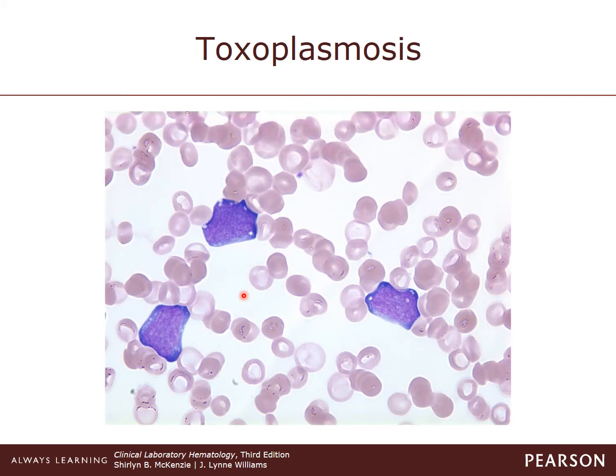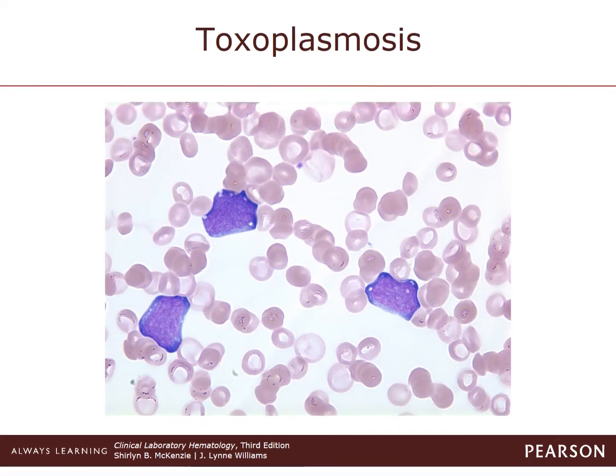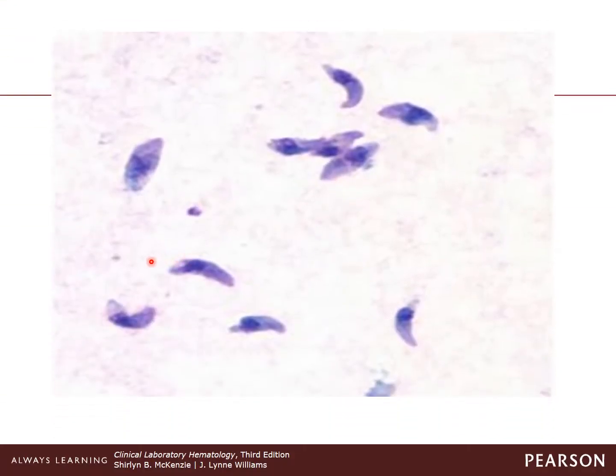Here the reactive lymphs are increased and present, but they are quite dark in their basophilia and need to be distinguished from lymphoblasts or cancer cells. Here are the oocysts that are ingested and seen in the tissue of a patient positive with toxoplasmosis.